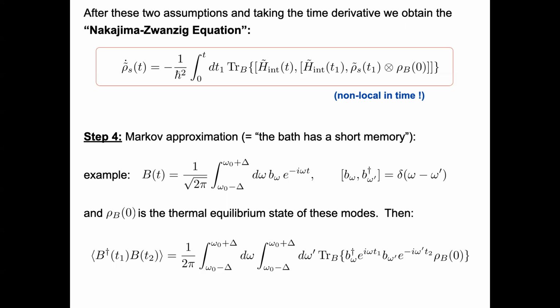But another possibility is that this is a thermal equilibrium state. What does it mean? In thermal equilibrium, if you think about statistical physics, you have a bunch of harmonic oscillators in thermal equilibrium. Each of these modes is separately in this thermal equilibrium state.